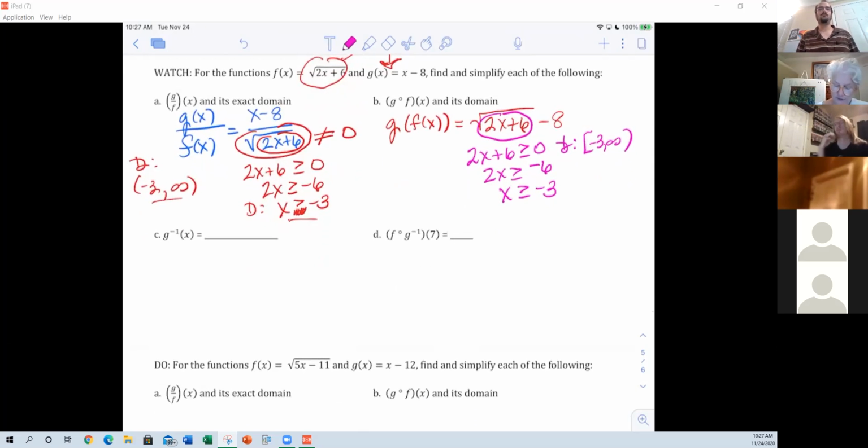The inverse of g of x. So the inverse of g of x, say y equals x minus 8 first, switch the x and the y, x equals y minus 8, solve for y, y equals x plus 8.